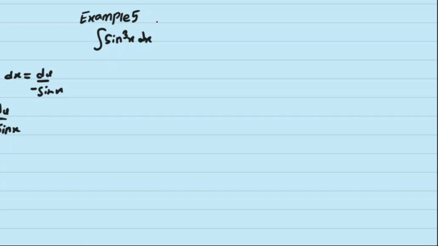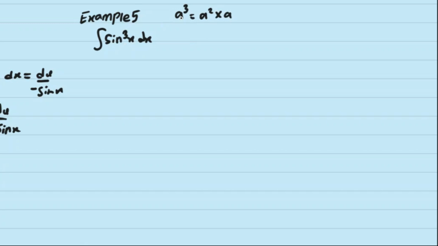Let me put it in this form. You know that a raised to power 3 is the same thing as a squared times a. So it means that if we have sine cube x, we can derive sine square x out of sine cube x.